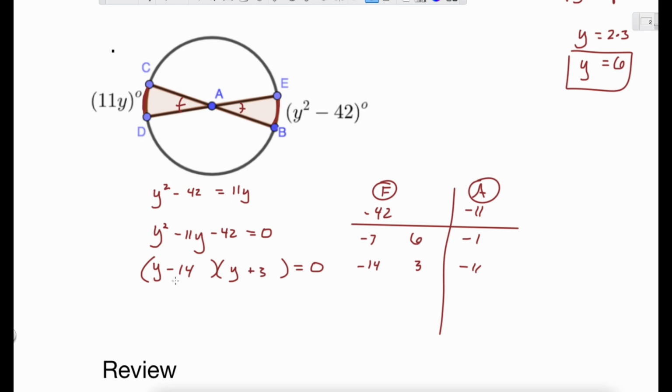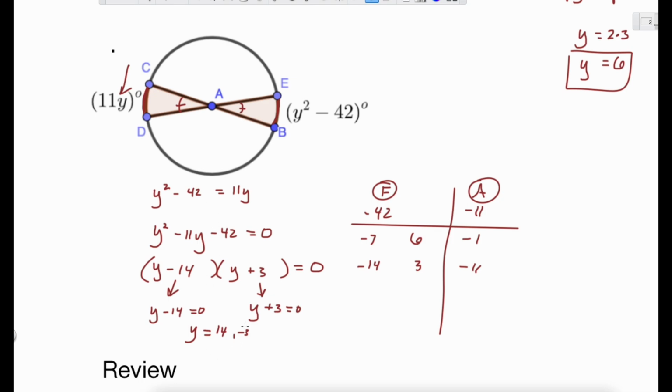And so if I set this equal to 0 and solve, I hope you guys see that we get y equals 14 and negative 3. Now, if I put negative 3 in here, I'm going to get a negative arc measure, and that really doesn't make sense.